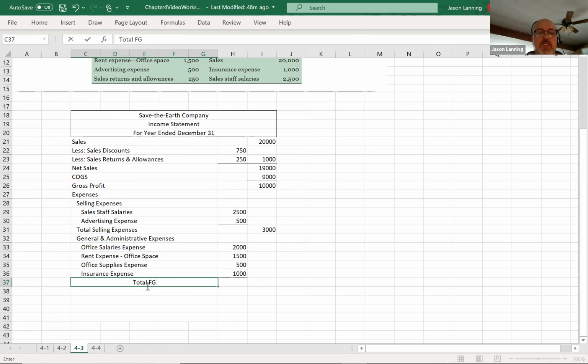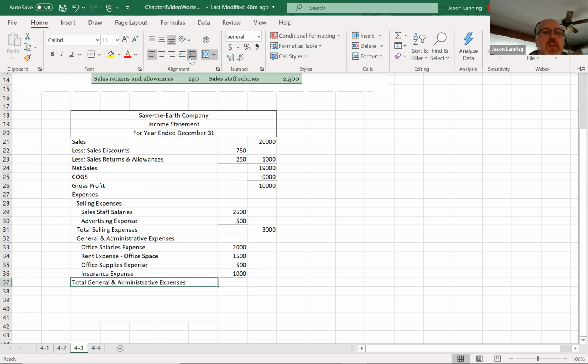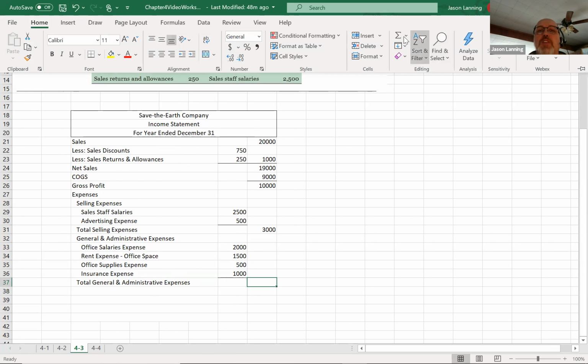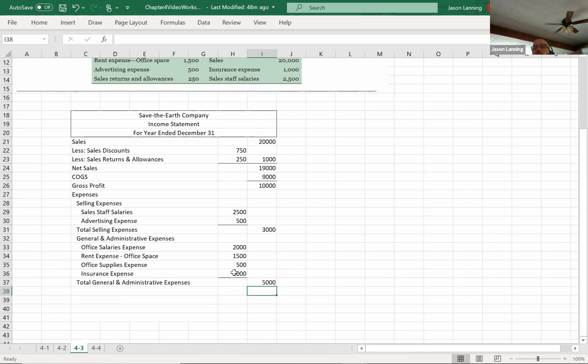Total general and administrative expenses, we will sum the expenses up for our general and administrative and see what we get. We get $5,000. So our expenses are broken down into selling and general and administrative.